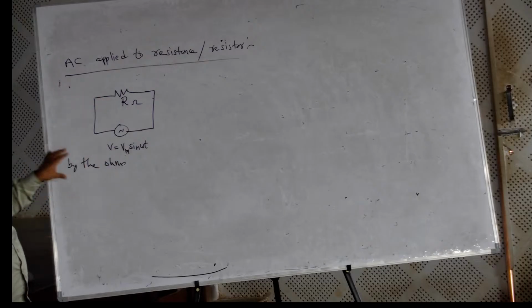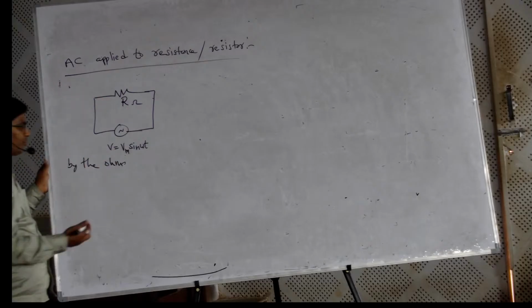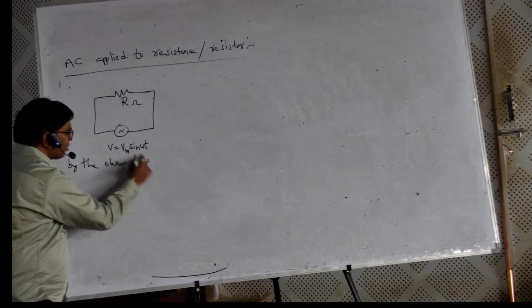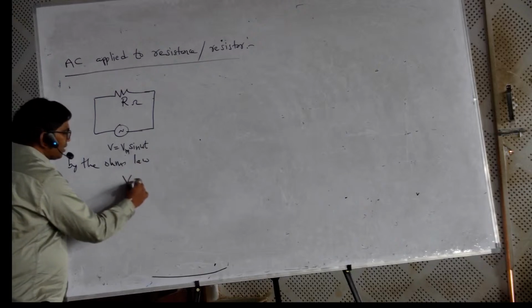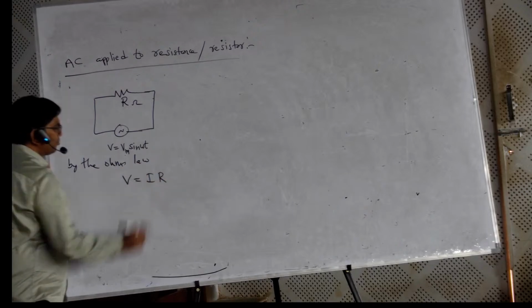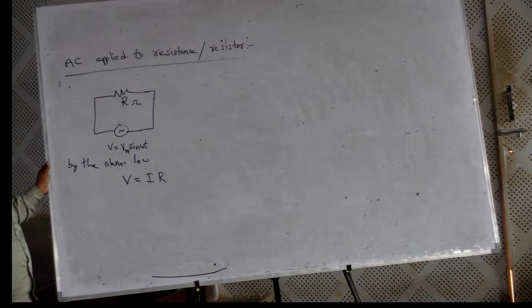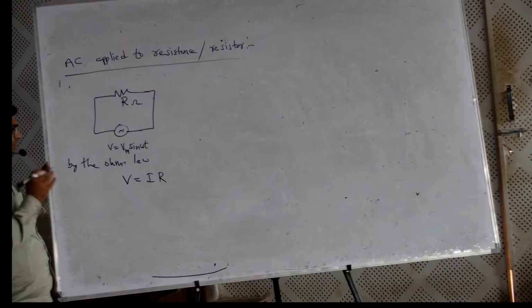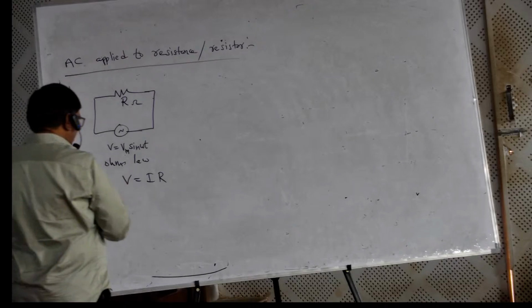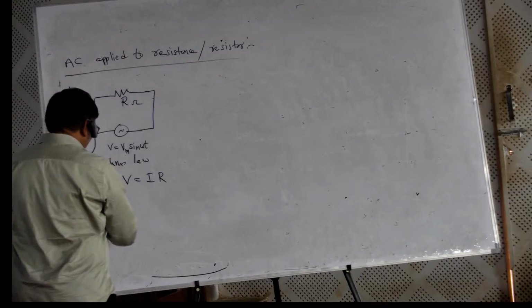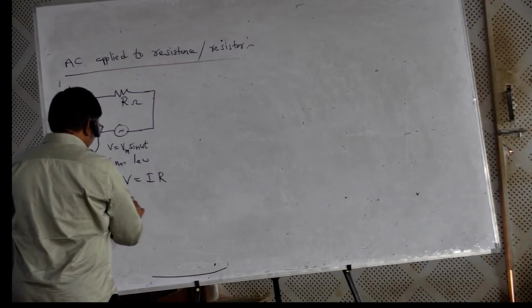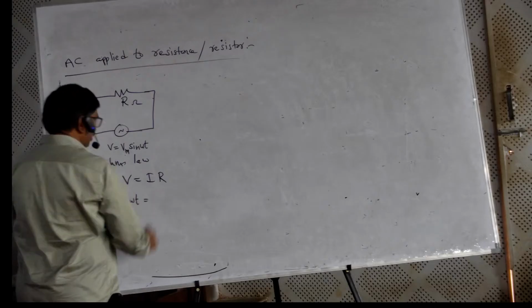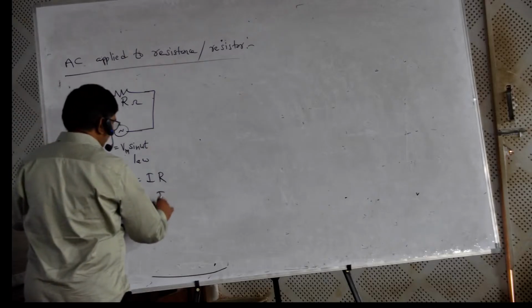So now we have to consider Ohm's law. By Ohm's law, V equal to IR. So this is the formula. What is I? V by R. Now substitute V here: Vm sin omega t is equal to IR.